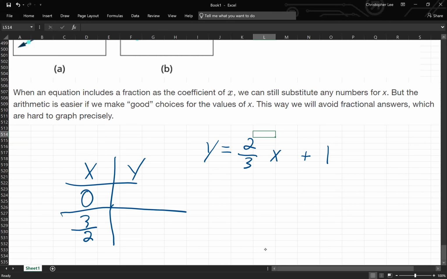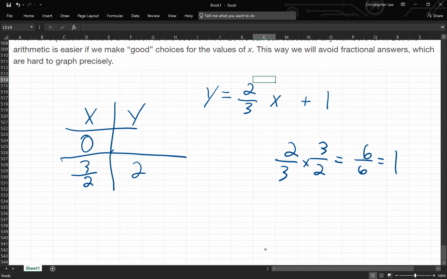Right? I choose the inverse of it because what happens when I multiply that by 3 over 2? What does it become? A whole. But what whole in particular? Becomes 1, right? Because you remember 2 over 3 times 3 over 2, that's just 6 over 6, that's 1, right? So if you multiply it by the flip, you'll just get 1, and 1 plus 1, you know, that's 2, boom, right?